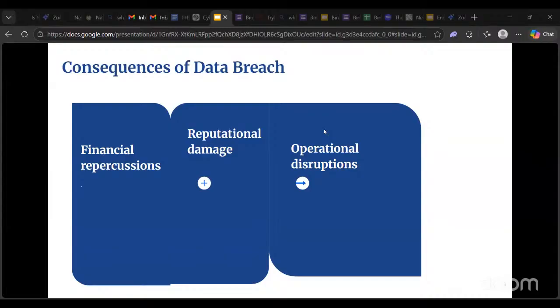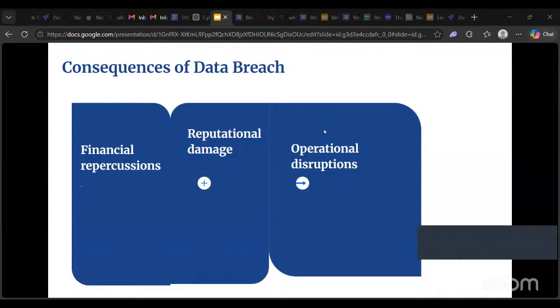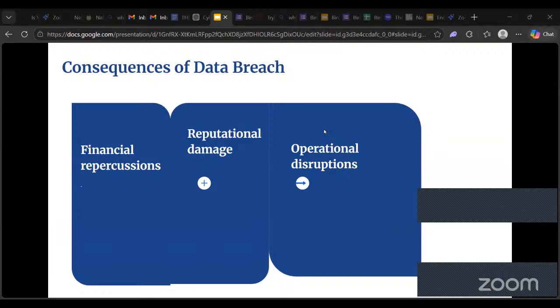Now, in terms of reputational damage, it takes a lot for people to trust a particular organization. If they hear that the company recently faced a data breach, the company's reputation will be damaged. If a company is doing well, I can recommend it to a person, and that person can recommend it to another person if they have seen the work.